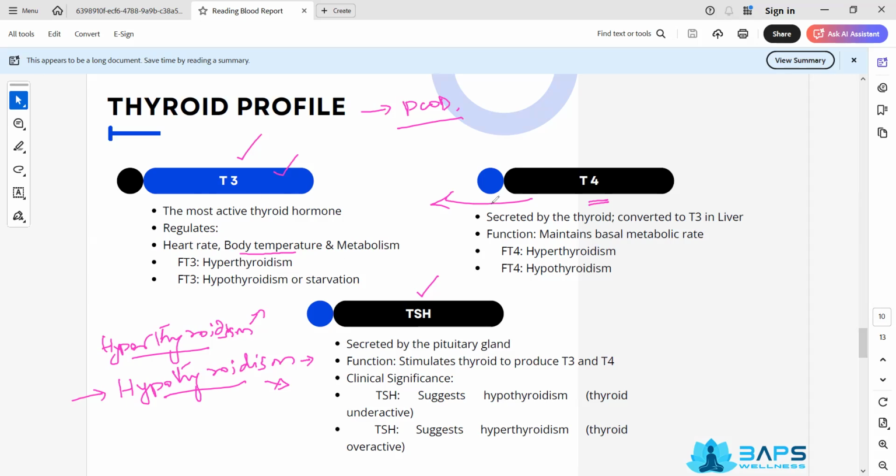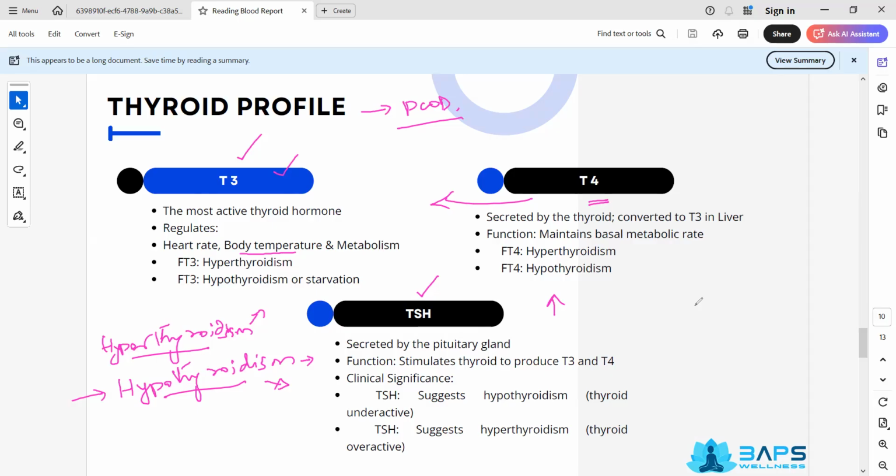So when you see the values of T3, T4 and TSH, if TSH is more and T3 and T4 are normal, that means the thyroid gland is not in a position to produce adequately on its own and it requires more push from the pituitary, the master gland.